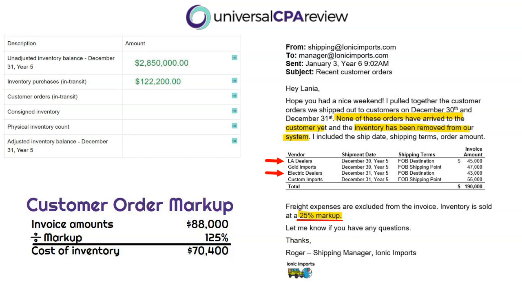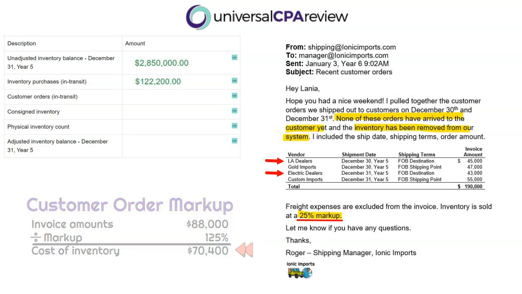So if the total invoices for those two customers totaled $88,000, and that's the revenue and accounts receivable amount, well, if we divide by 125%, which basically includes that 25% markup, then we can get to the cost of the inventory, right? So the cost of the inventory is going to be $70,400, and that's what we need to know for our adjusting journal entry.